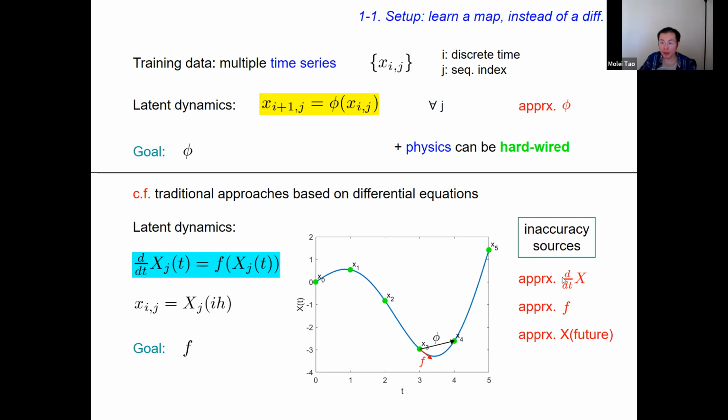So you have both numerical differentiation error and numerical integration error, and in addition, you have function approximation error. So yes, it's correct. Numerical integration creates complications, but the other things also create additional complications.